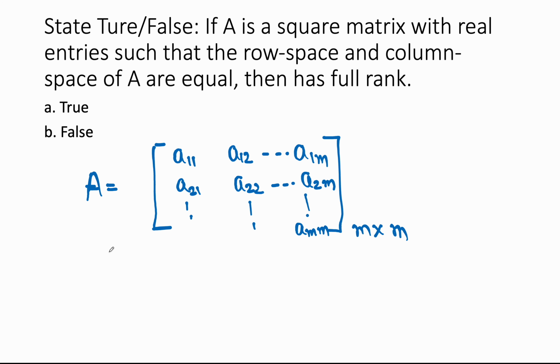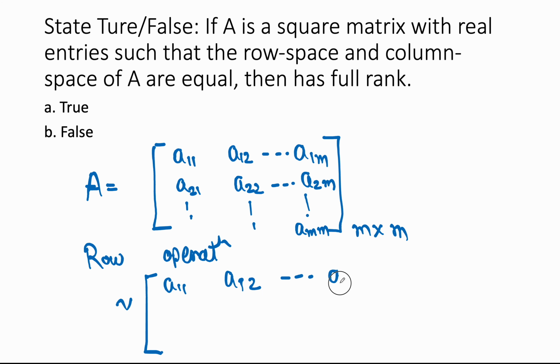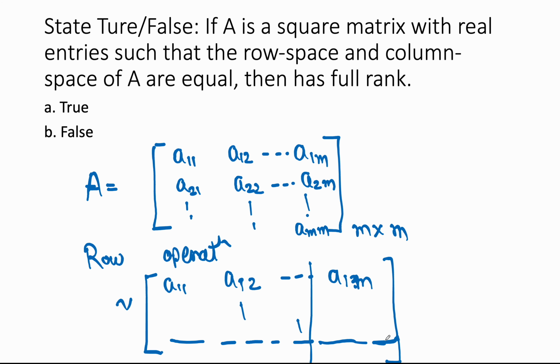So when we find the rank, we'll do the row operations, and after that we get the matrix. Let's say A11, A12, the first will be as it is, and after that let's say we reduce this to 1s. There are some ones till this location, and after that the lower elements are 0.